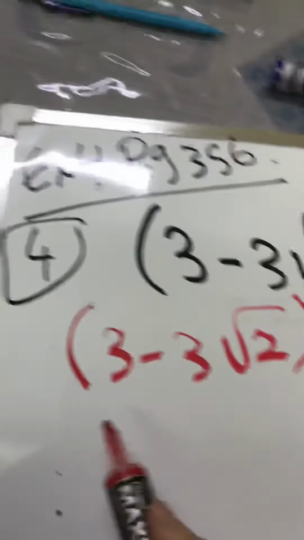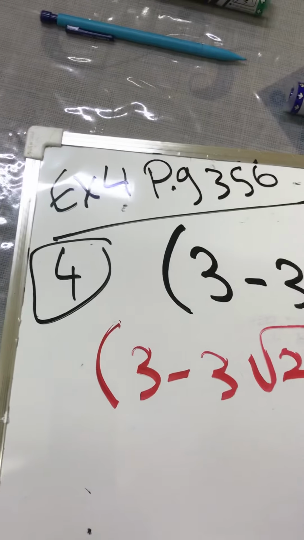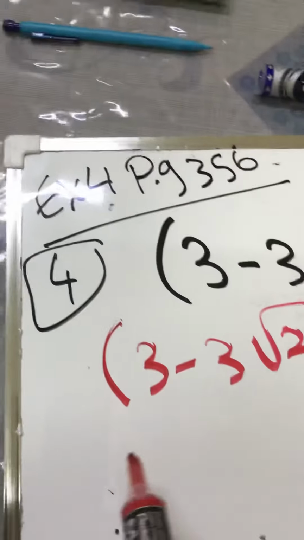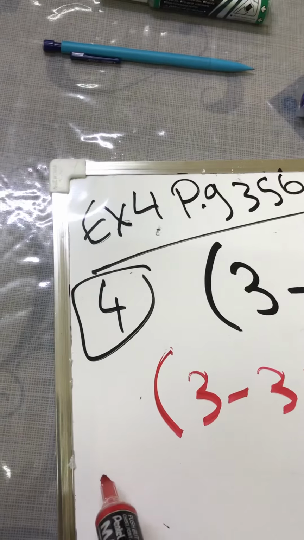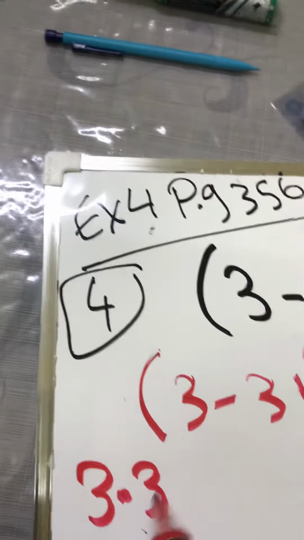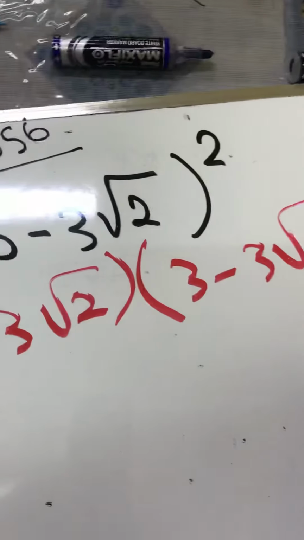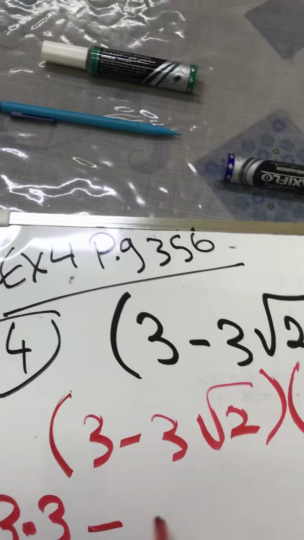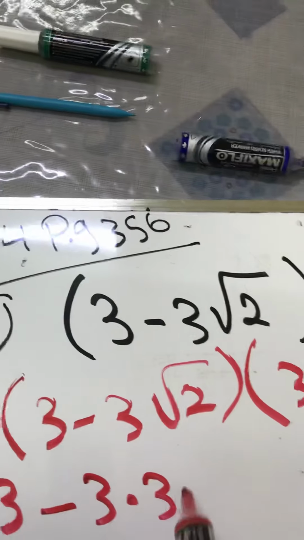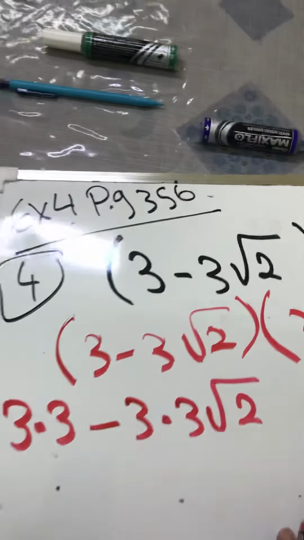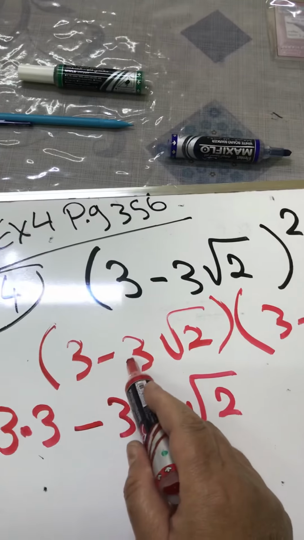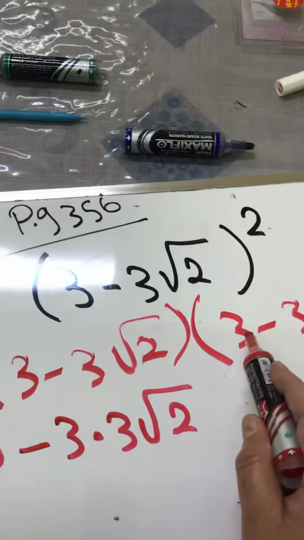And then I'll take 3 multiply 3. Let me expand it in front of your eyes. 3 multiply 3. Okay, and 3 multiply negative 3 square root of 2, it will be negative 3 times 3 square root of 2, like this. And then I'll take negative 3 square root of 2 times 3.